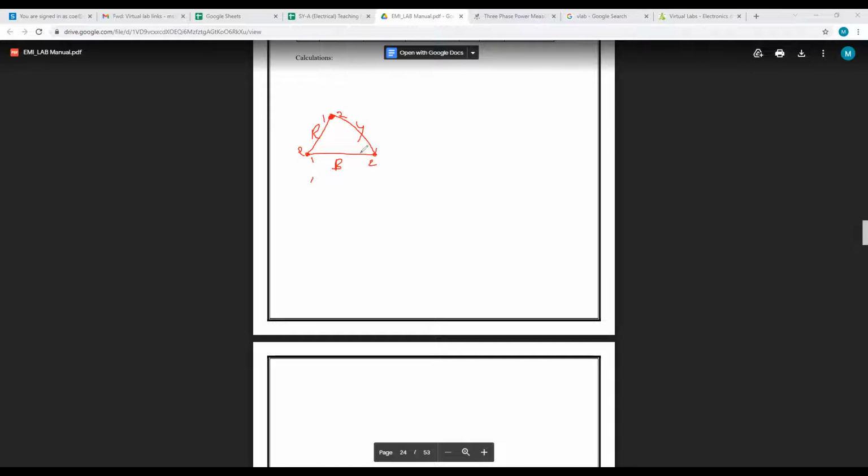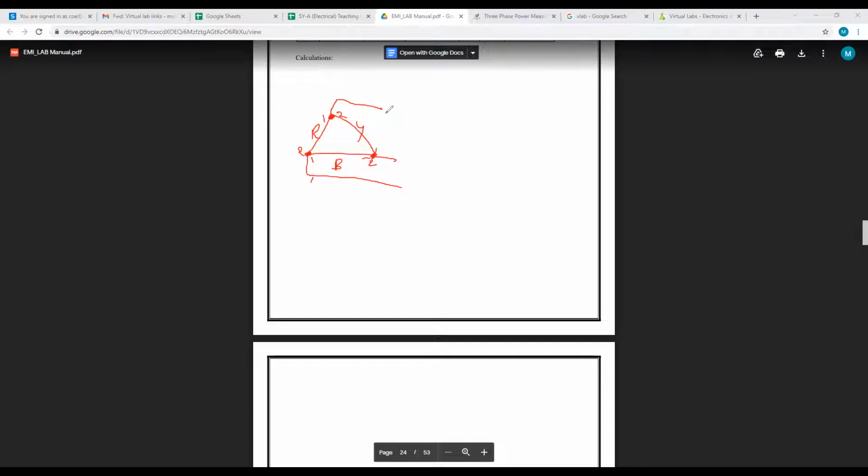Next, Y's first terminal and B's second terminal will make one junction. B's first and R's second here. So RY, YB and BR, like that we have to give the connection. This is the delta connection we are going to call.